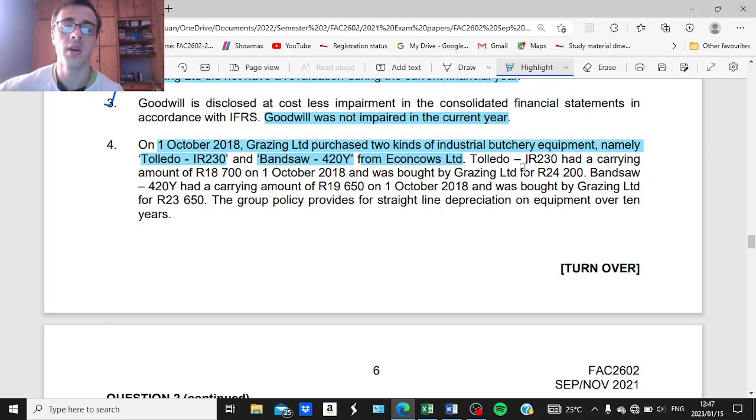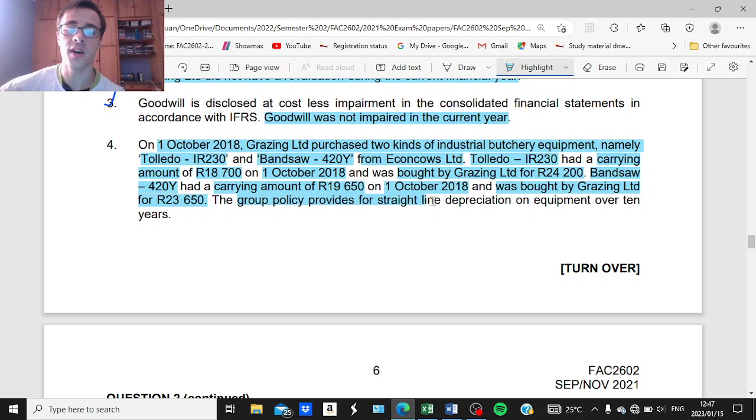Now, Toledo IR230 had a carrying amount of 18,700 on the 1st of October 2018, the date of sale, and was bought by Grazing Ltd for 24,200 Rand. Bandsaw 420Y had a carrying amount of 19,650 on the 1st of October 2018 and was bought by Grazing Ltd for 23,650.